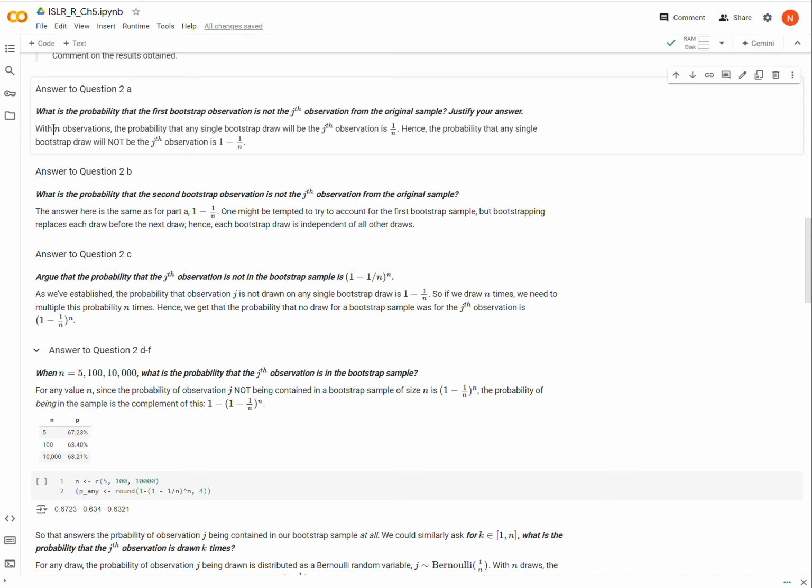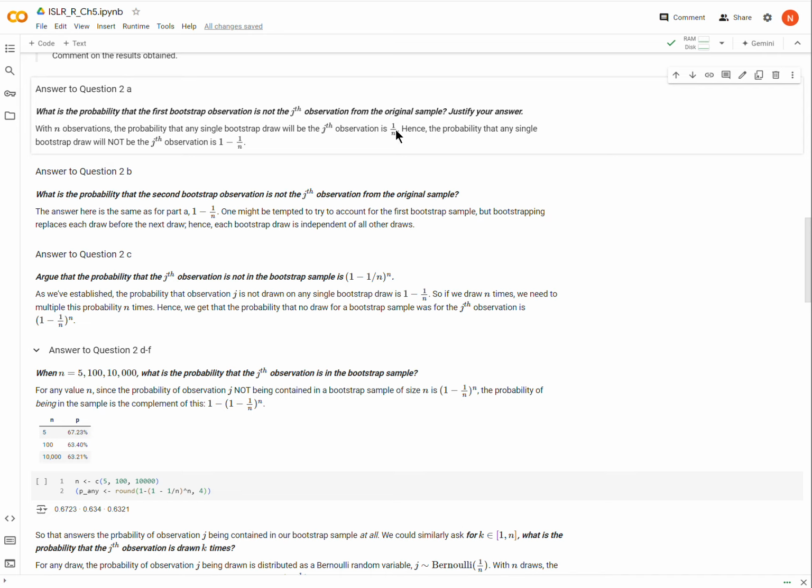So again, we have n observations. And the probability that any single draw for our bootstrap sample will be the jth observation is just 1 over n, right? So if I have 5 observations in my original sample, now I'm going to sample my set of observations for the bootstrap. And each of my n observations has an equal probability of being drawn.